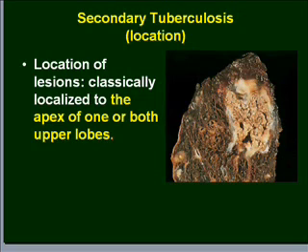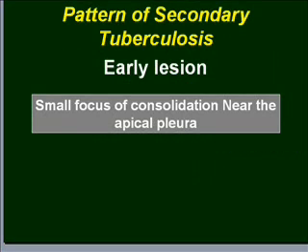Now the question is that this secondary tuberculosis, which begins as a small lesion near the apical part of the lungs or apical pleura, progresses quite often. So initially there is an early lesion which is nothing but a small focus of a granuloma on the apex of the lung.